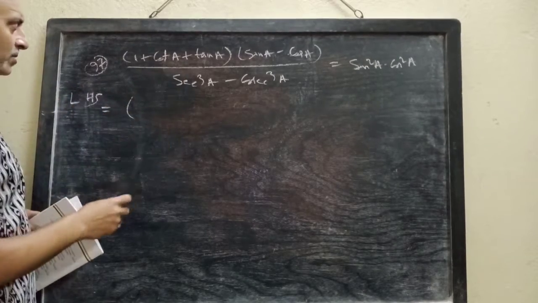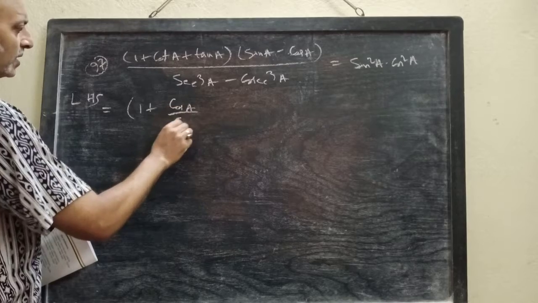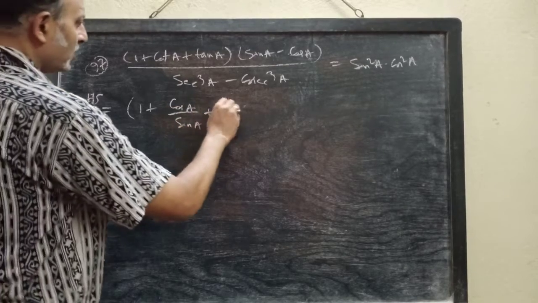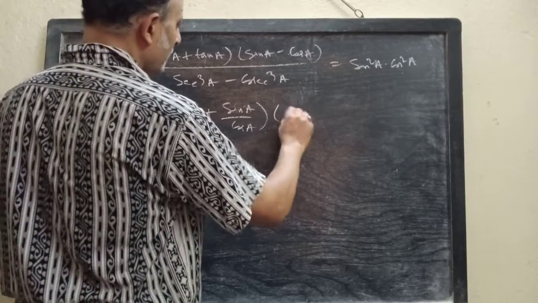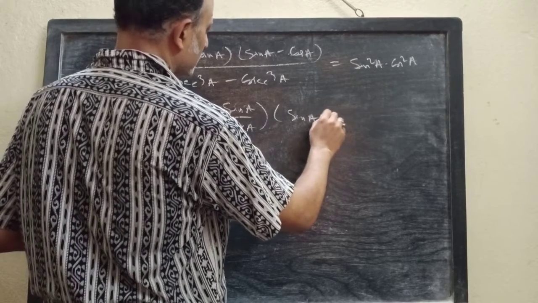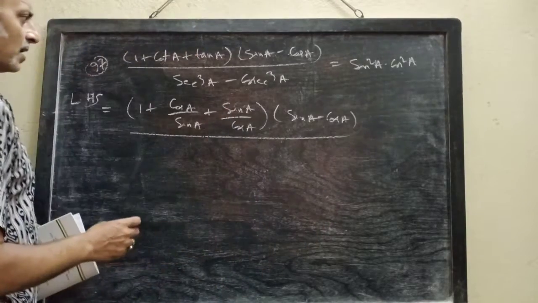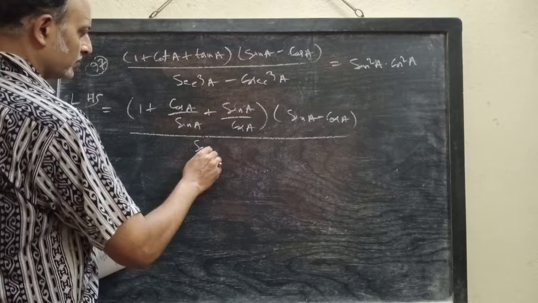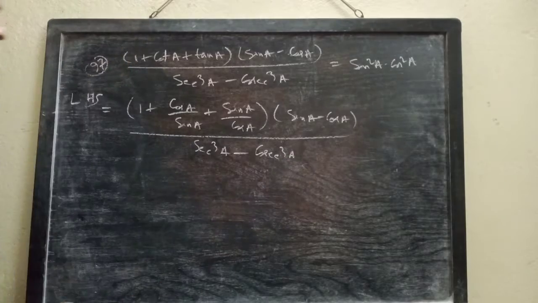Split cot A and tan A in terms of sin A cos A. So I am writing 1 plus cos A by sin A plus sin A by cos A into sin A minus cos A divided by sec cube A cosec cube A. Now multiply both n and d by sin cube A cos cube A. This will be better.